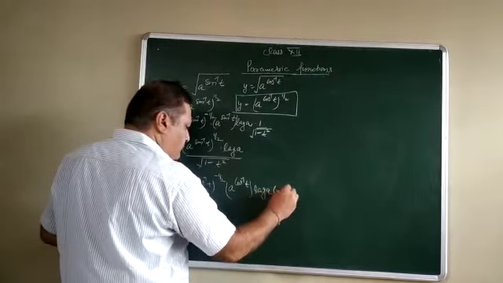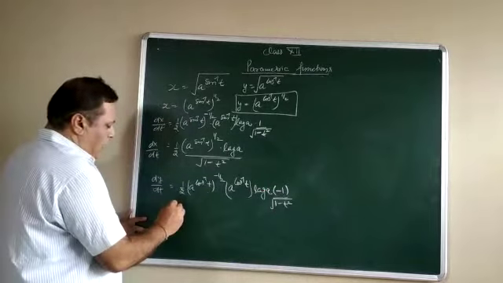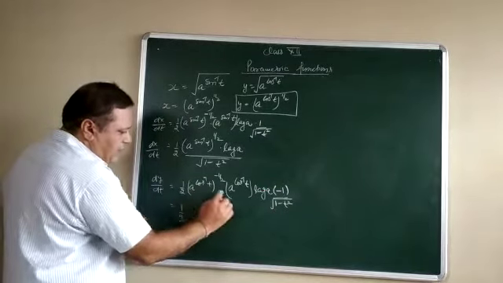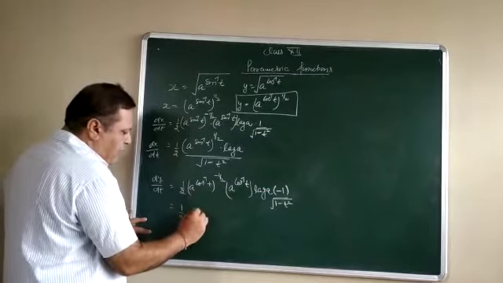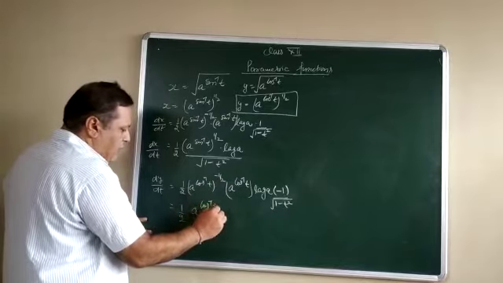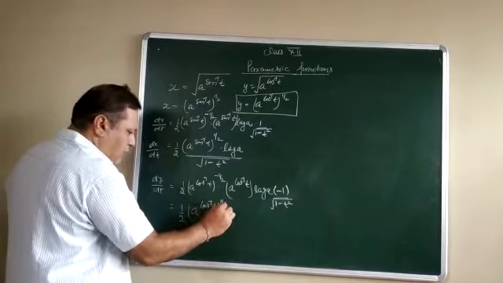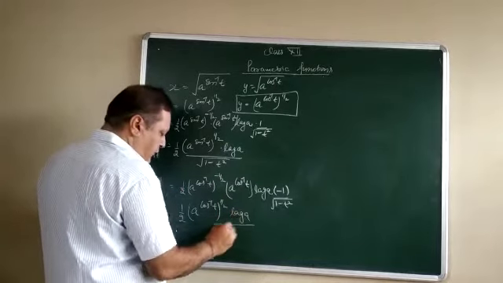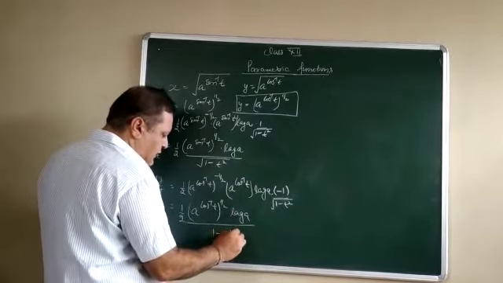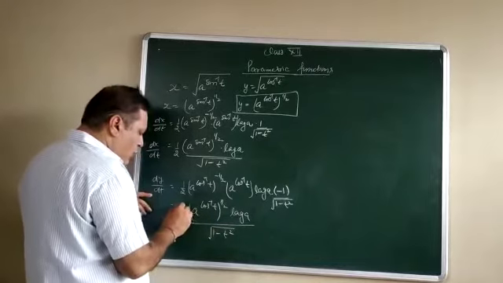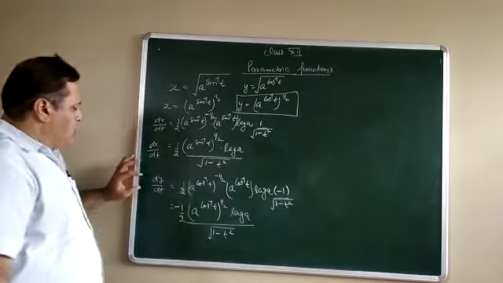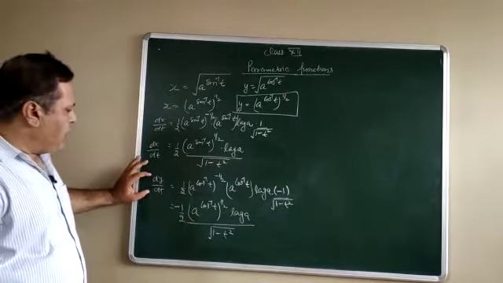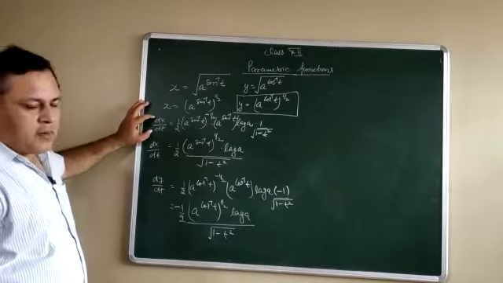So again the same rule, 1/2, the bases are the same, the power gets added, (a^cos⁻¹t) power 1/2, and it is log of a upon the square root of 1 minus t square along with the negative. So this is the value of dy/dt, and this is the value of dx/dt.